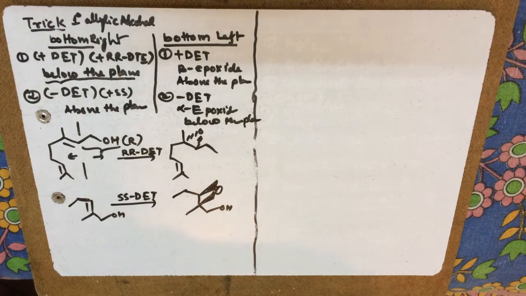This will form above the plane. So hopefully you guys understood Sharpless asymmetric epoxidation reaction.